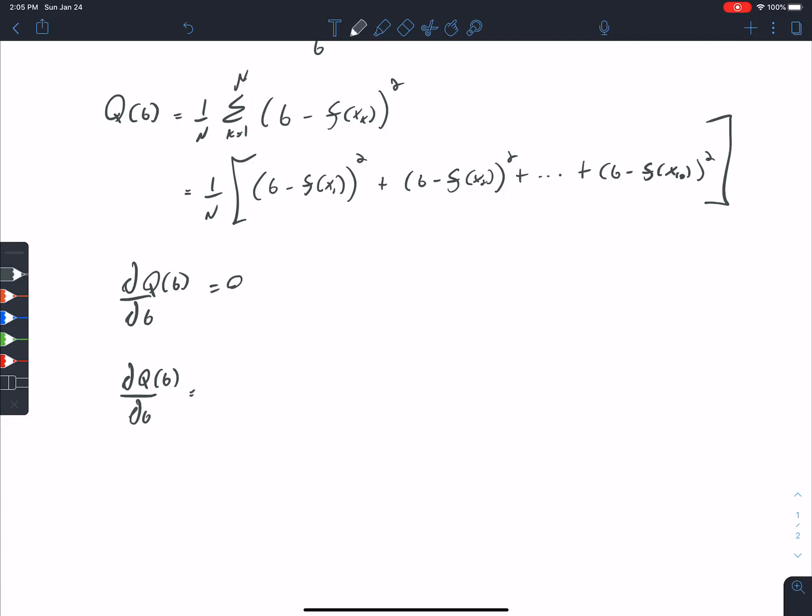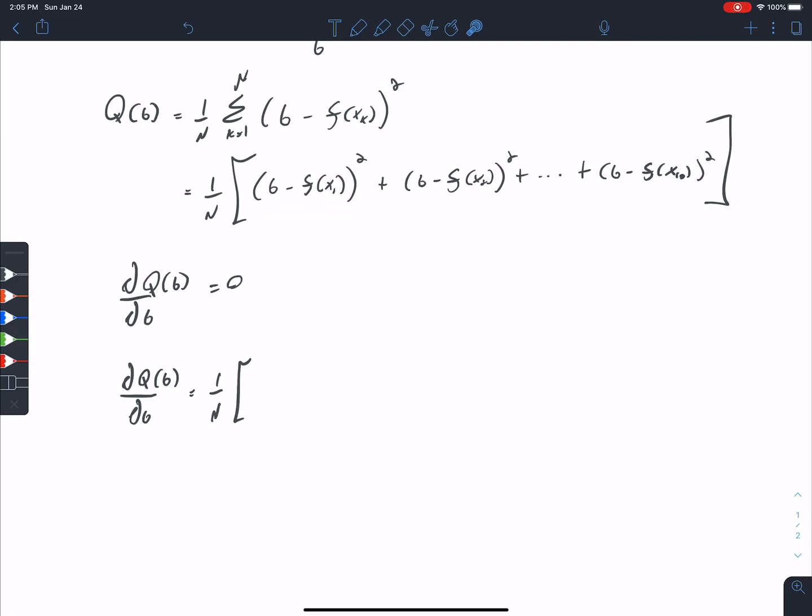So we can go term by term here. The derivative of the sum is the sum of the derivatives, right? So let's differentiate this term here with respect to b. First of all, we're going to keep the 1 over n outside. And this derivative here, this is a quadratic function of b, right?